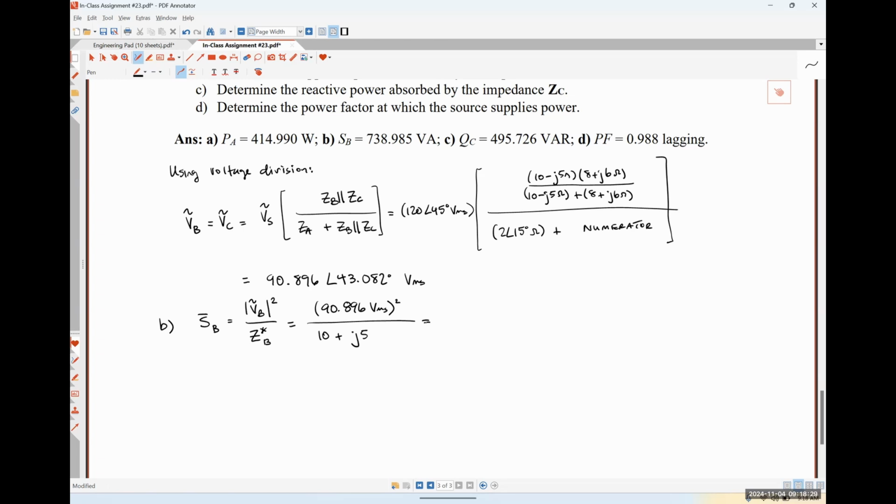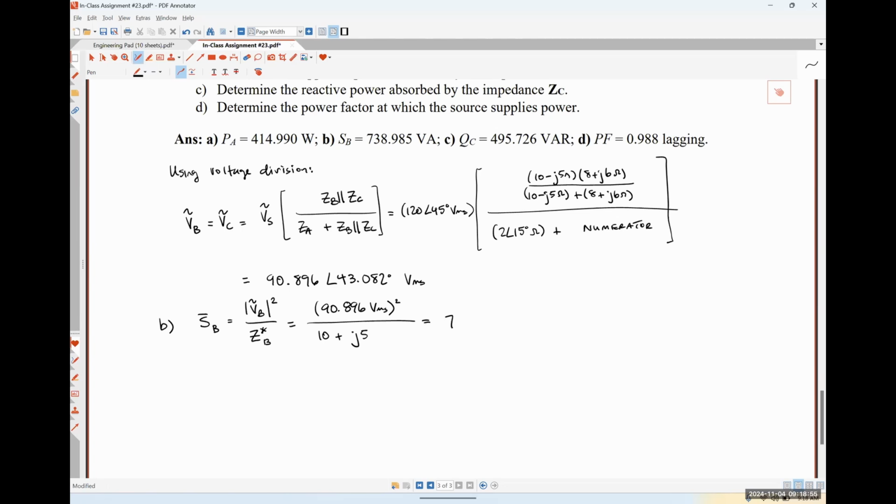So I'm going to do this the laziest possible way. I want the magnitude of my previous answer squared divided by the conjugate of what I have stored in my calculator as B, so that there is no chance of me typing anything in wrong. I'm letting my calculator do all of the work for me.